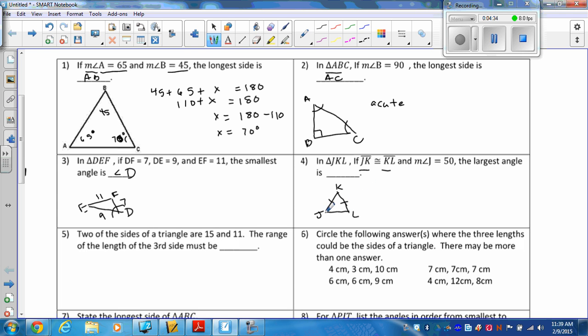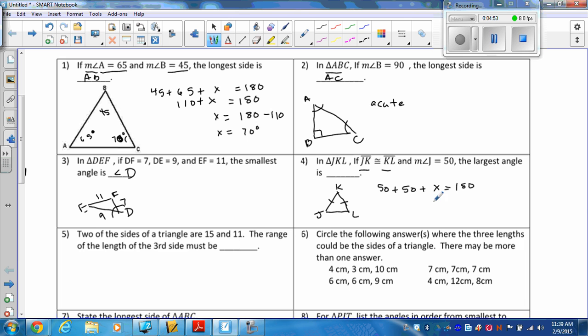We don't know. But what I do know is that this is 50 degrees. So if this is 50 degrees, this one must also be 50 degrees because these 2 sides are equal. Therefore, these 2 angles must be equal. So again, I know that 50 plus 50 plus x is equal to 180.